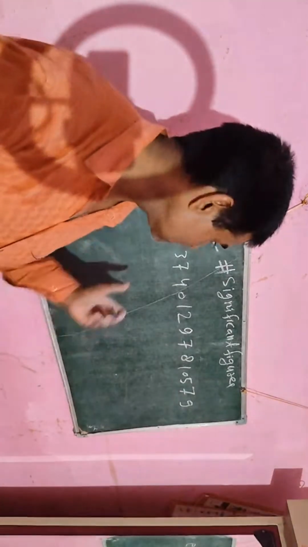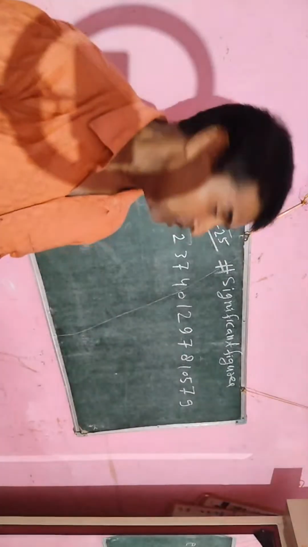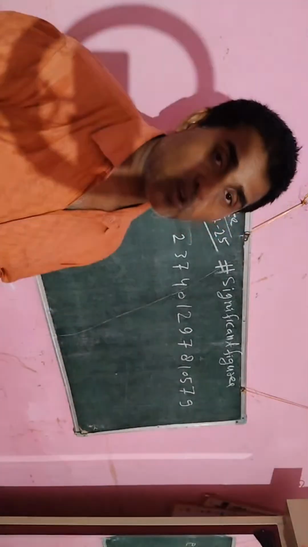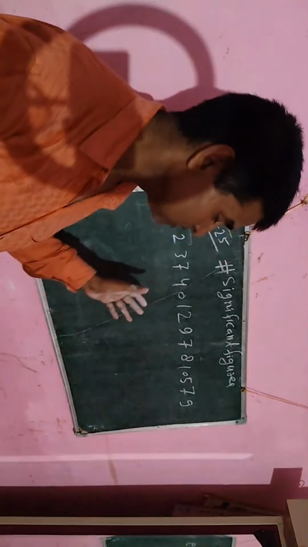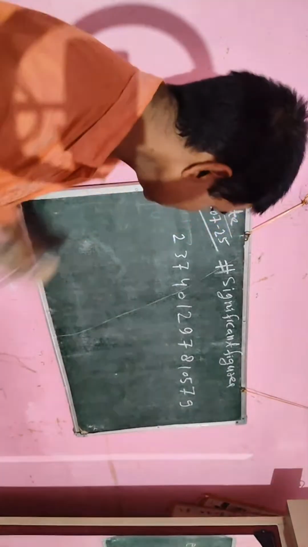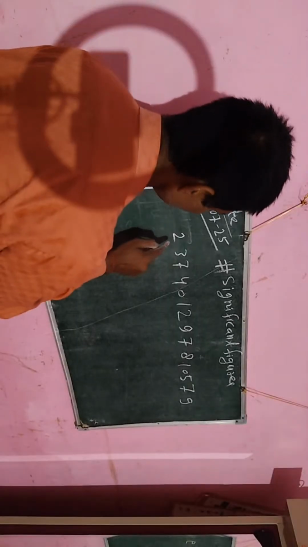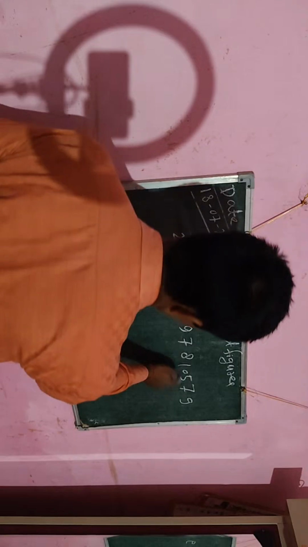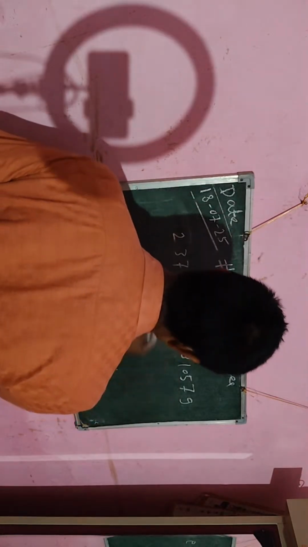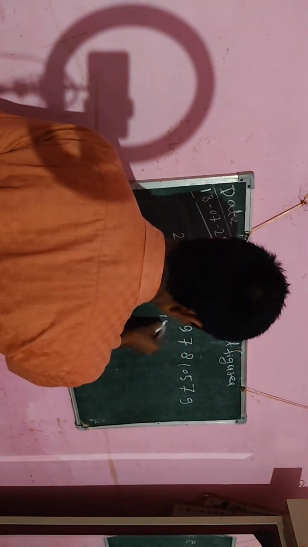Such a number is called a figure. So I will say how many significant figures there will be: 1, 2, 3, 4, 5, 6, 7, 8, 9, 10, 11, 12, 13, 14, 15.